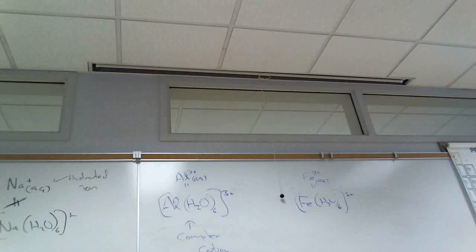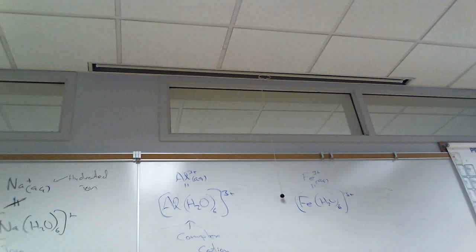The attraction that holds the water and the ion together, or stabilizes it, is called a London force, dipole. No, this is called an ion, because it's a full charge. Ions are full charge, and so it's even better than a dipole.